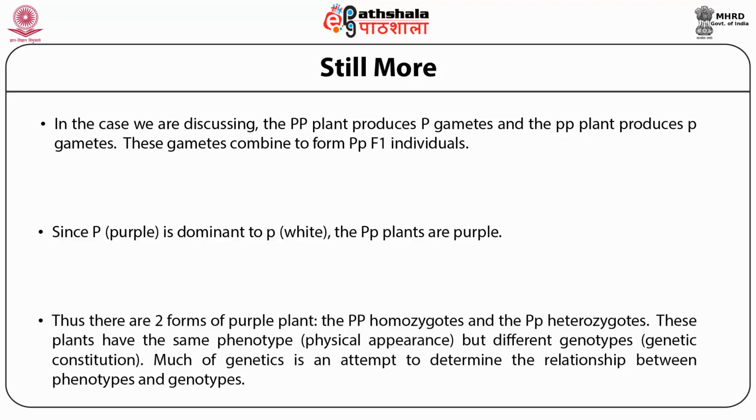Thus, there are two forms of purple plants: the capital P homozygotes and the capital P small p heterozygotes. These plants have the same phenotype, meaning physical appearance, but different genotypes, meaning genetic constitution. Much of genetics is an attempt to determine the relationship between phenotypes and genotypes.